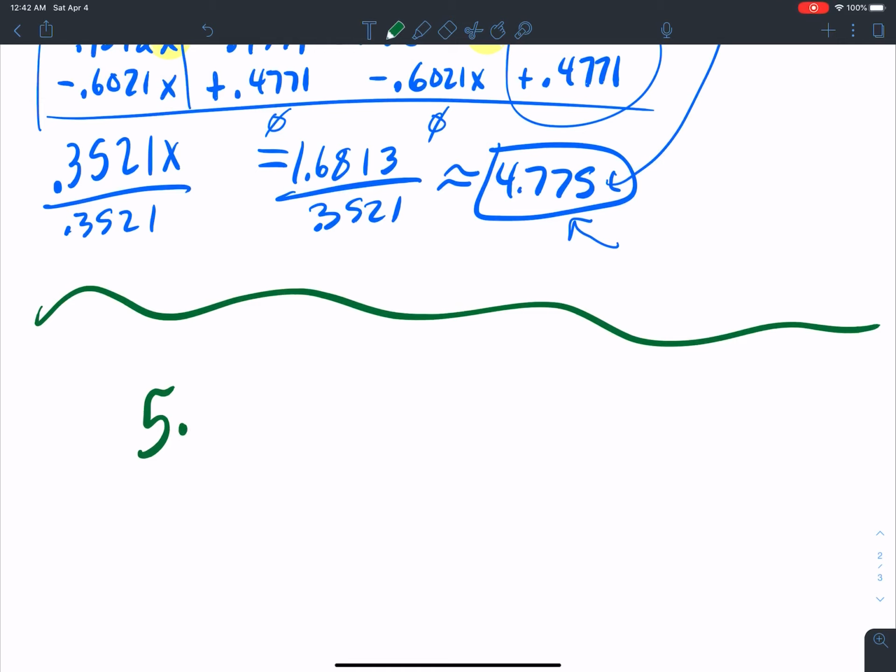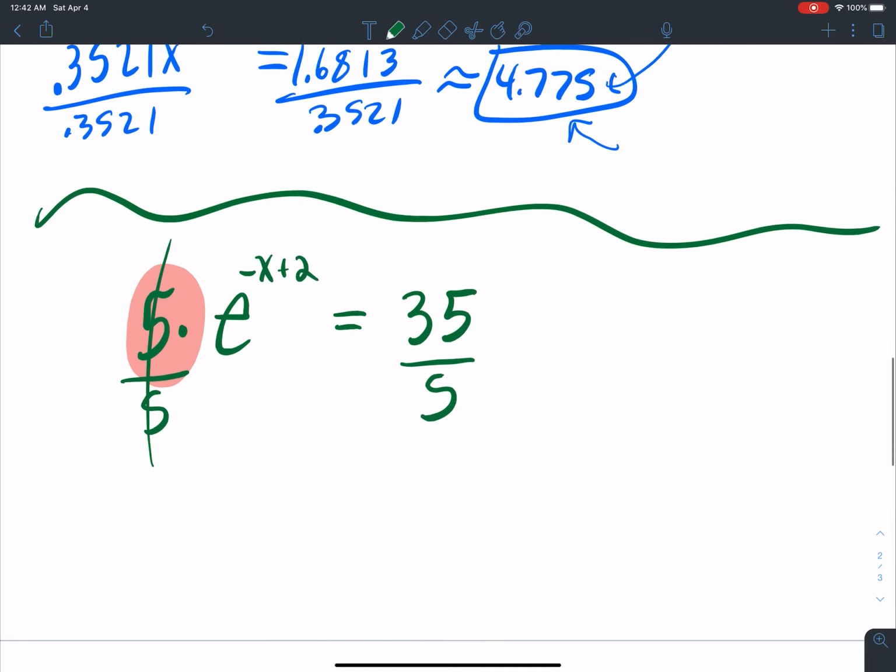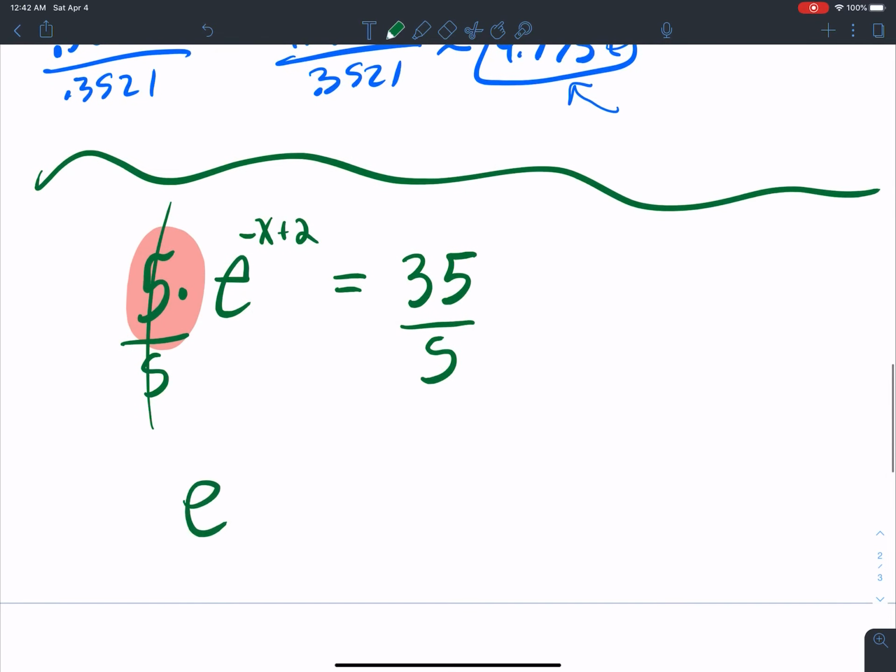5 times e to the negative x plus 2 equals 35. The first thing I see here is that this is a little different because I'm multiplying by 5. So the first thing I want to do is get rid of that 5 before I do any other algebra. I need to get the e by itself. Okay, so this gives me 7.